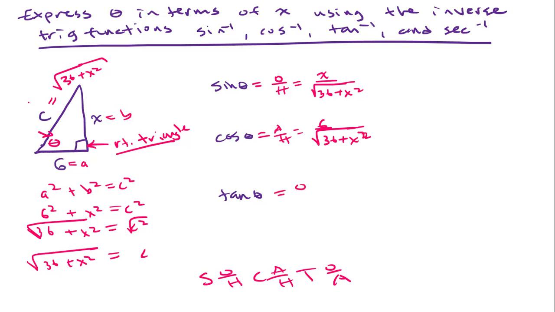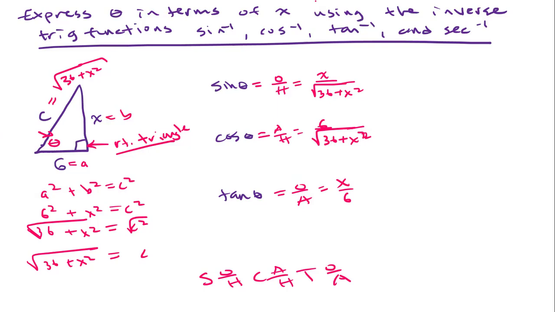Then tangent theta is just opposite over adjacent. Here's our theta, so opposite is b over a, or x over 6. Now we have all the information that we need.